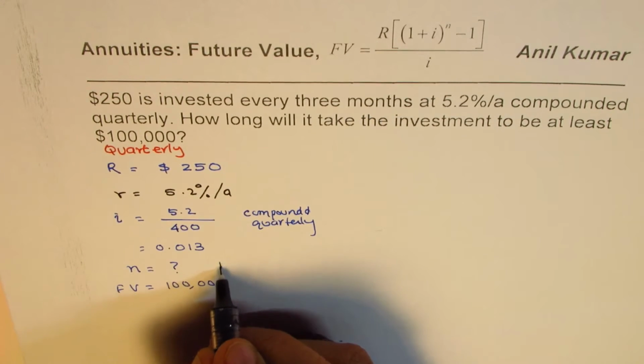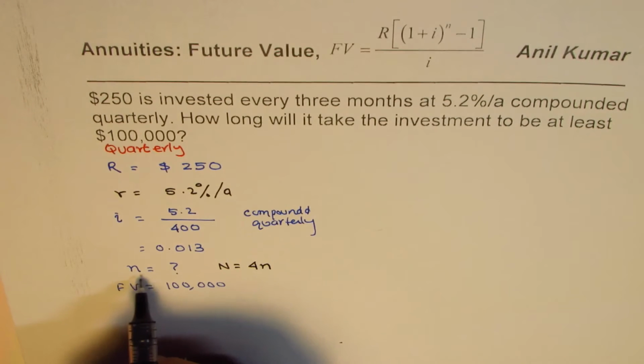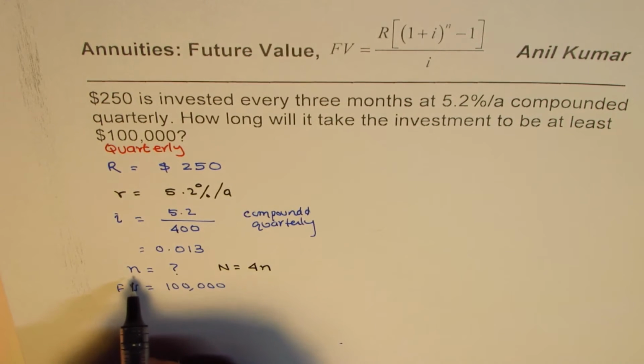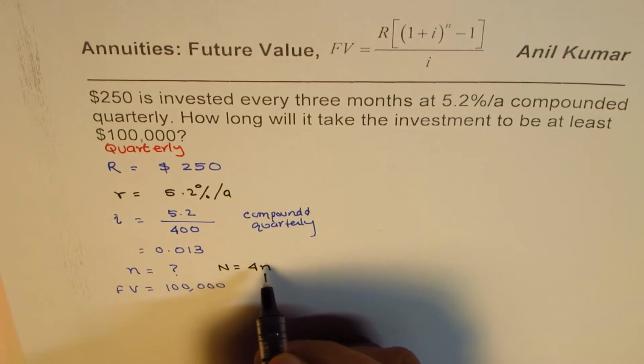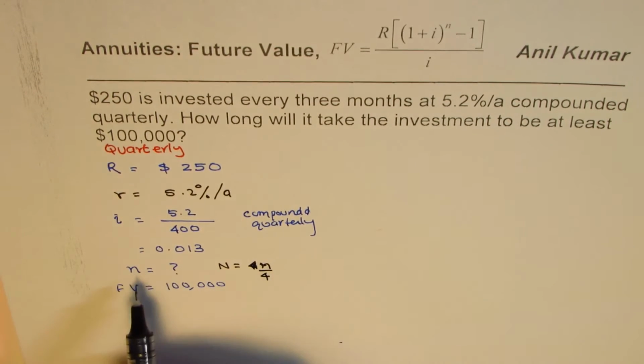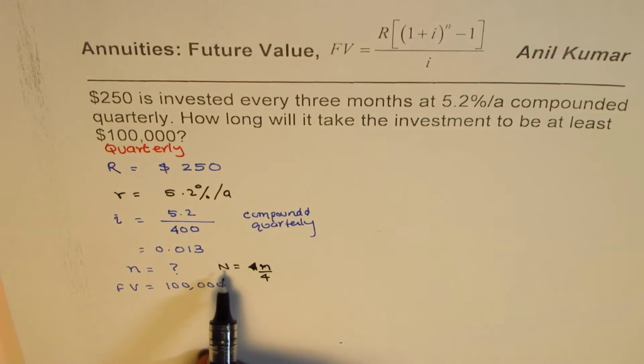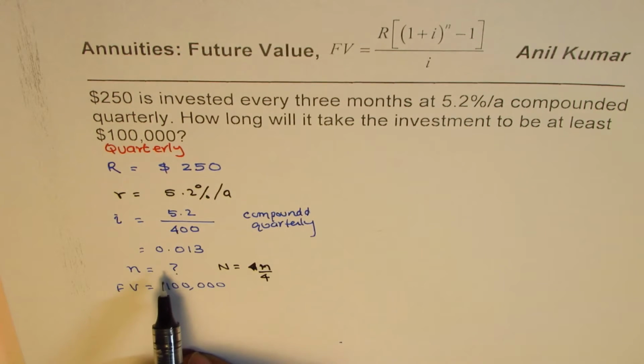So first we need to find the number of compounding periods. The number of compounding periods will be 4 times the number of years, because in 1 year you're going to have 4 compounding periods, right? So that's the whole concept.